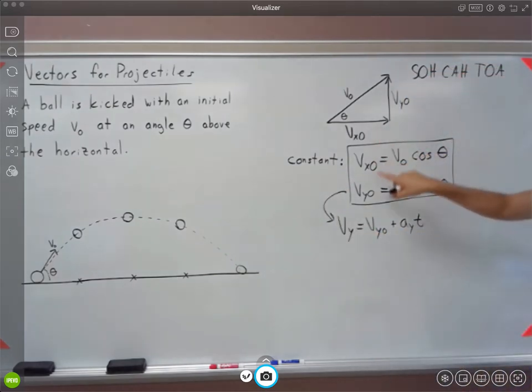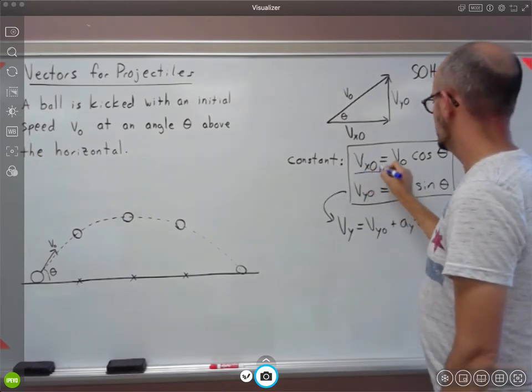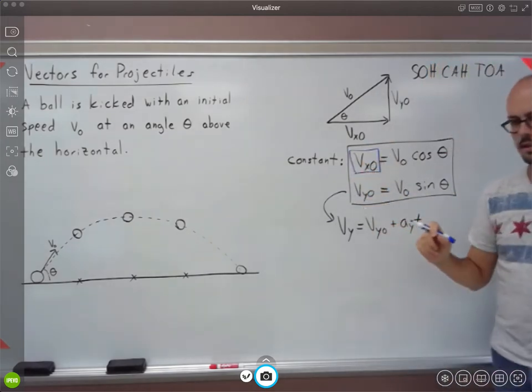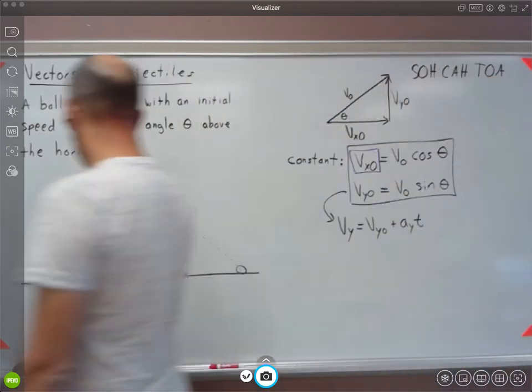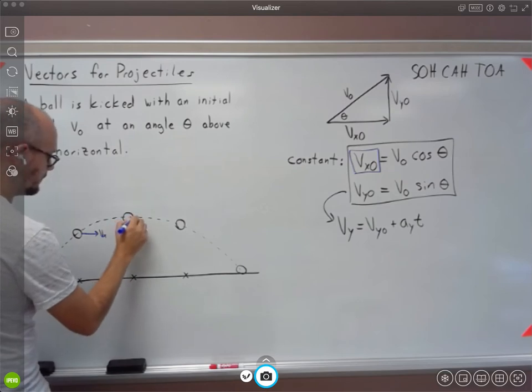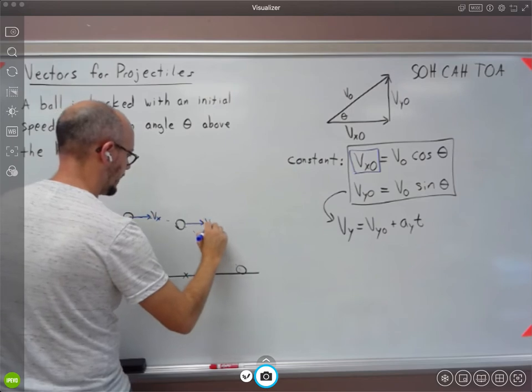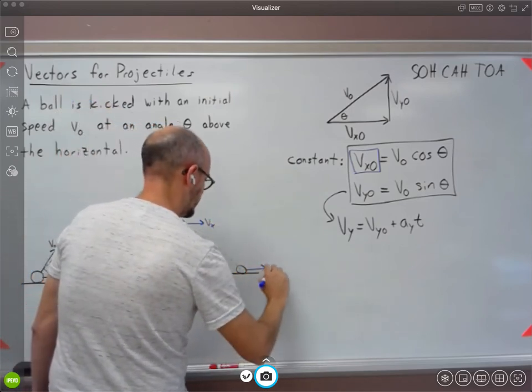We can use arrows to represent the vectors. If I choose, let's say, blue for the horizontal velocity, that horizontal velocity is constant. As this thing travels, we imagine that it has the same horizontal velocity at every moment in its trajectory. So I'm going to attempt to draw 5 velocity arrows that are the same length.